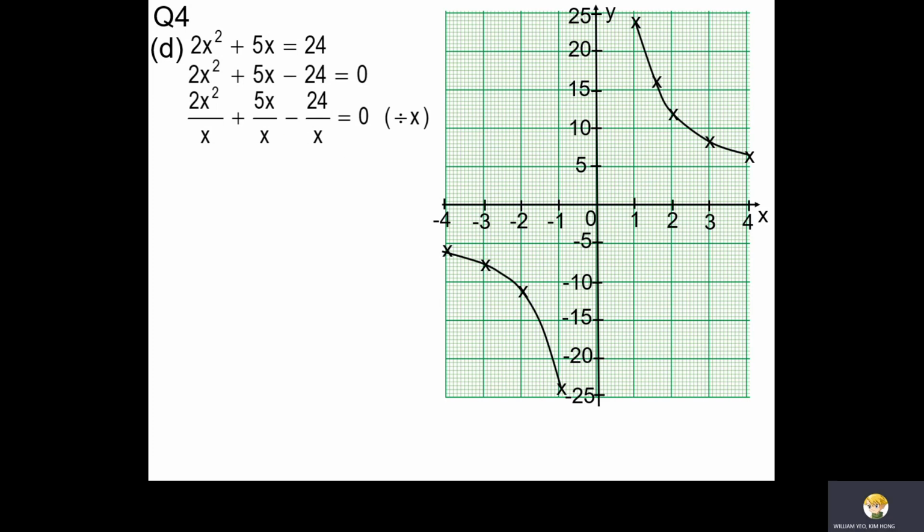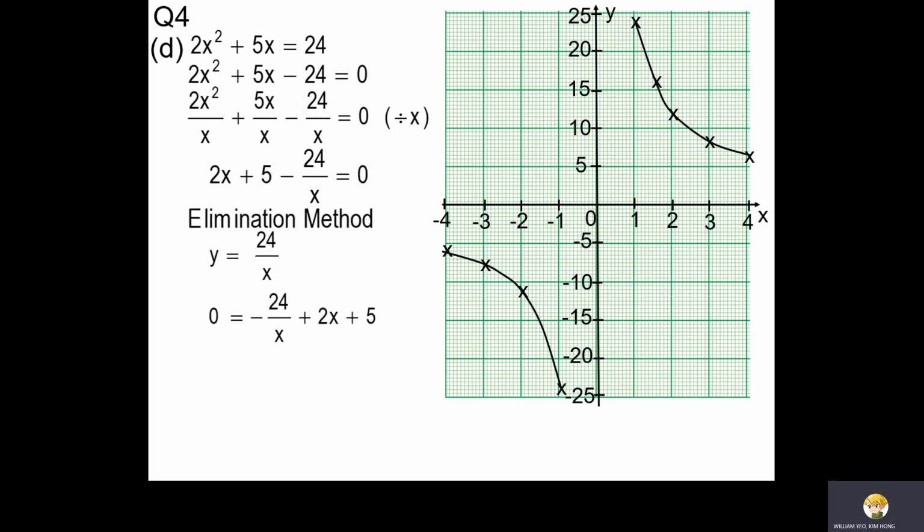Why? Because you need to get 24 over x. We try to write this 24 as 24 over x, so that we can eliminate with part A. Now, 24x squared over x is 2x, 5x, this x and x cancel, 5.